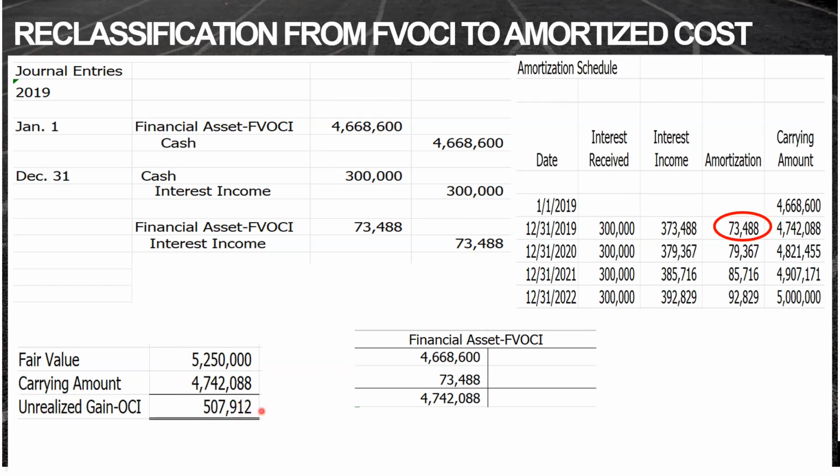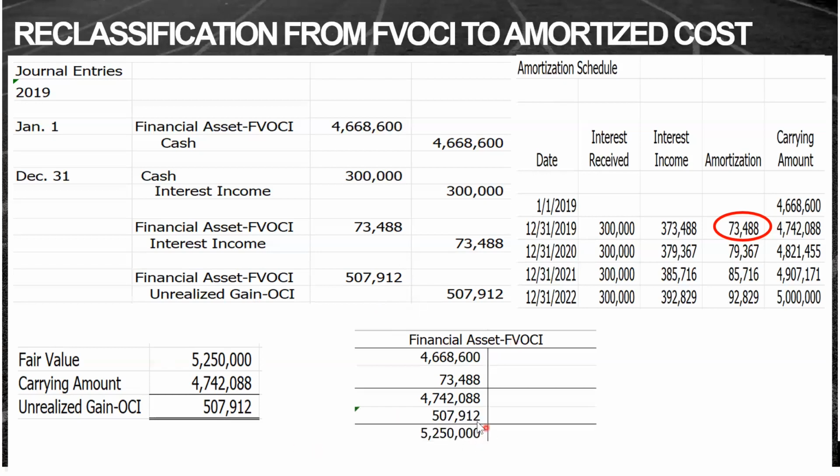We recognize this by debiting the financial asset, FVOCI, for 507,912 and crediting unrealized gain OCI for the same amount, 507,912. Therefore, our T-account for the financial asset, FVOCI, will look like this.